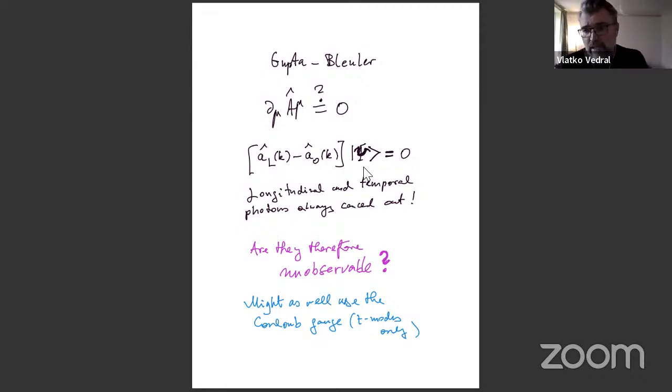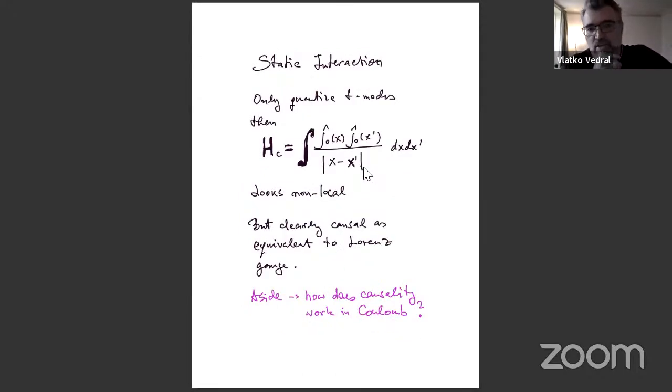Maybe it looks nice aesthetically that it's Lorentz covariant, but we might as well just use the Coulomb gauge. Leave these two modes. Leave the static interaction as C numbers, if you like. It's a non-local part of the Hamiltonian, and then just simply quantize the transverse modes.